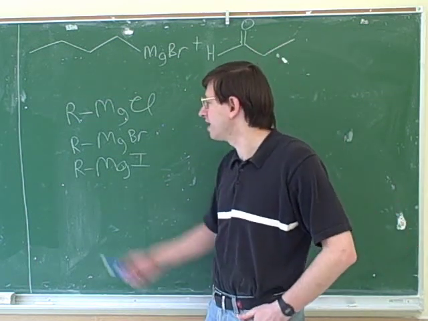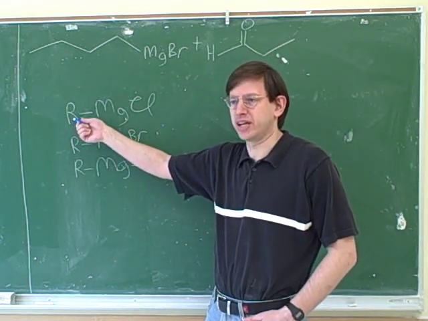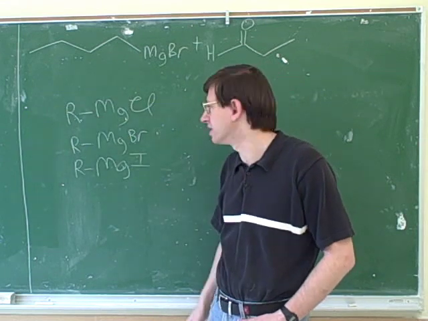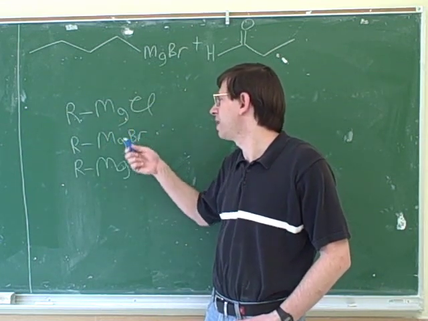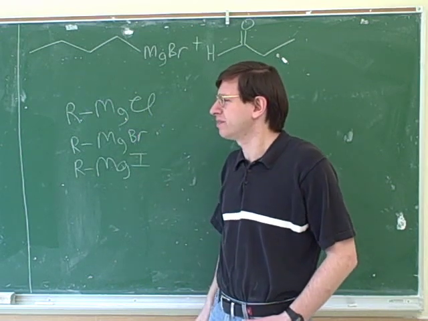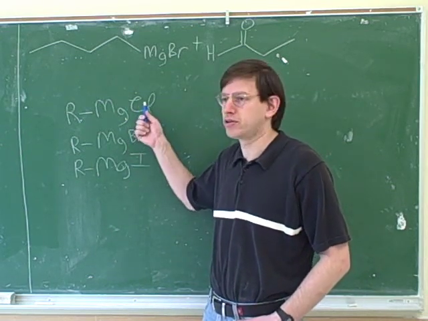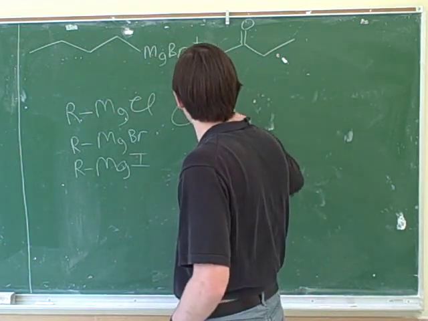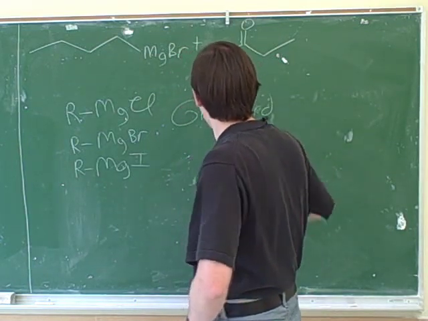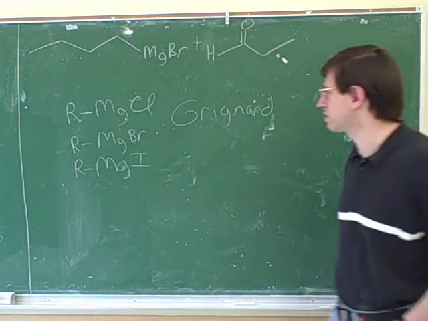Remember that R just stands for a carbon chain. So we have a carbon chain bonded to a magnesium, and then the magnesium is bonded to a halogen. I don't think you can make Grignards with fluorine, so you would use chlorine, bromine, or iodine. So this is what we mean by a Grignard reagent.